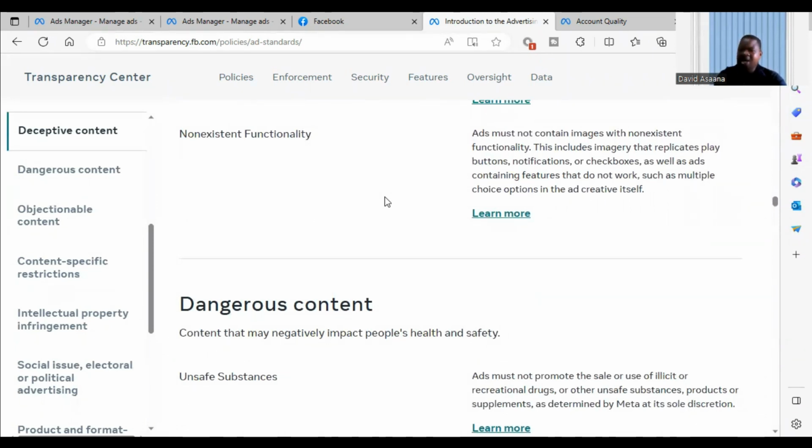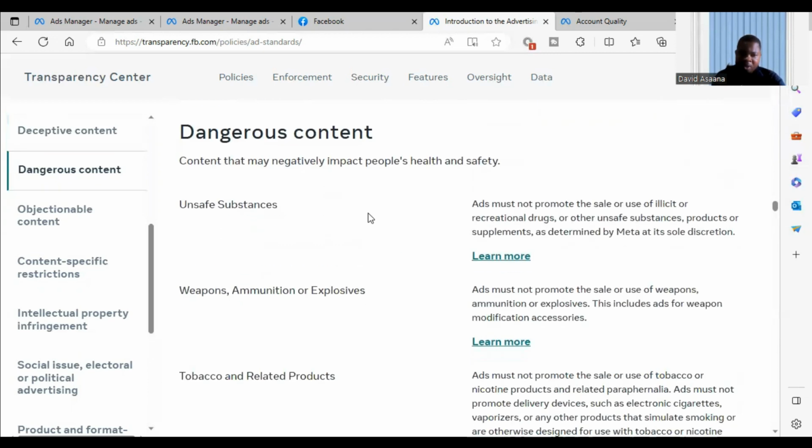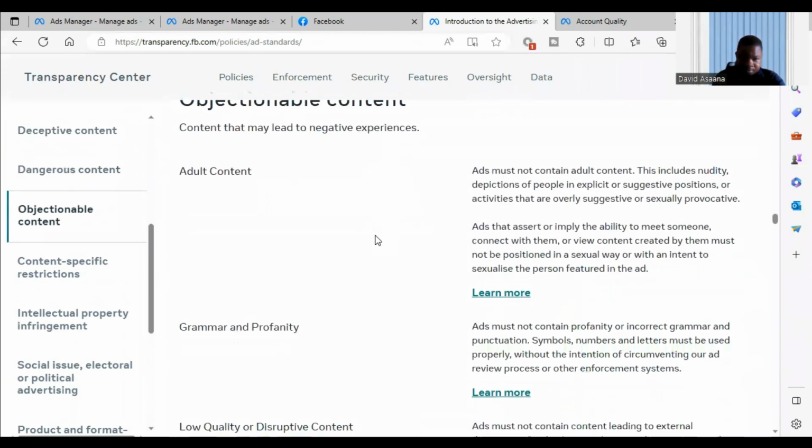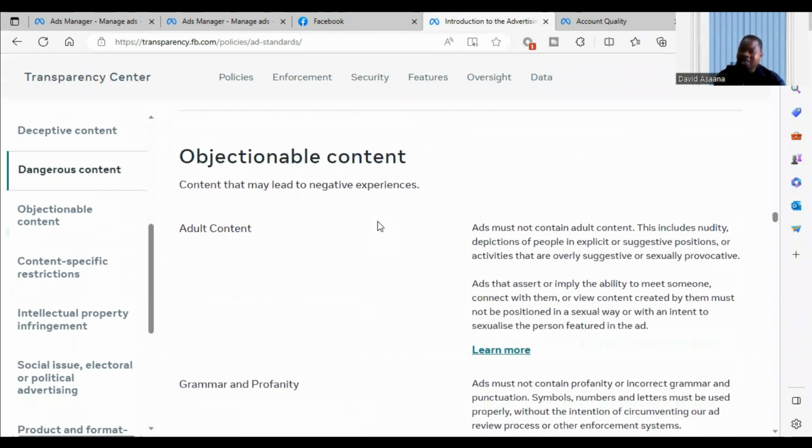Having said that, I want to show you the most frequently violated policies that account for why people get their advertising assets restricted. So what are they? The number one policy that people violate, or one of the most popular, is adult content.